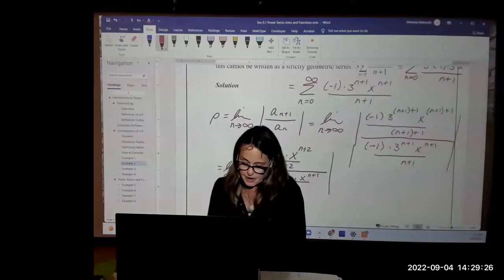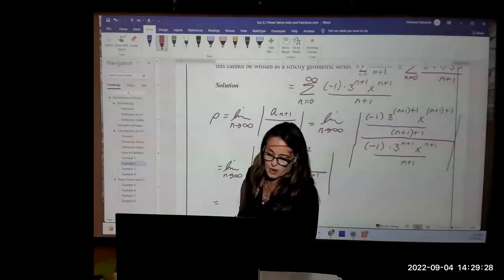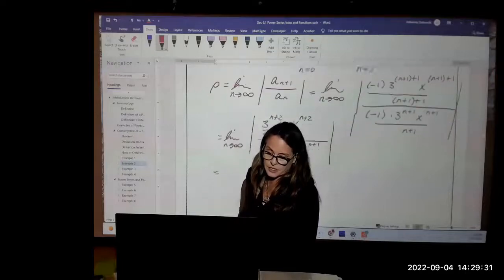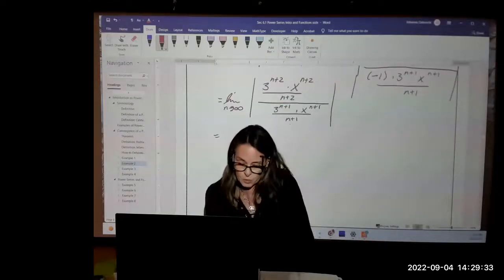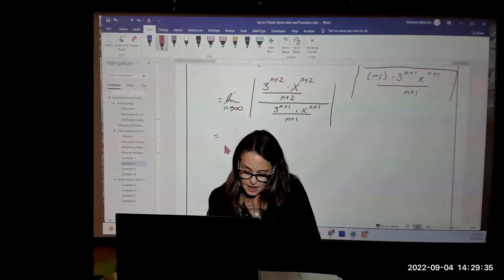Now I can simplify this further. Notice that I've got one more 3 up here. So again, we do what we've done before, and we sort of back down the higher power until it matches the lower power.